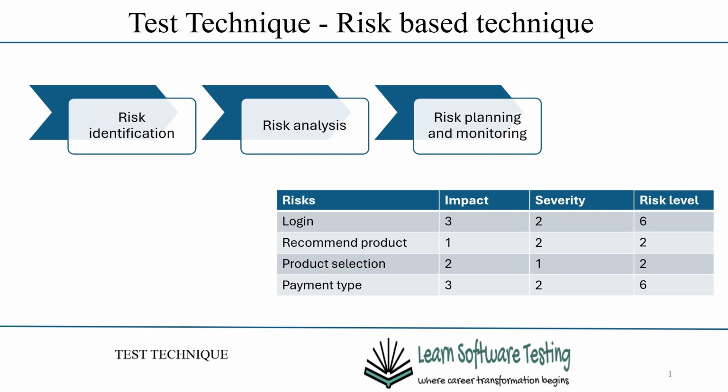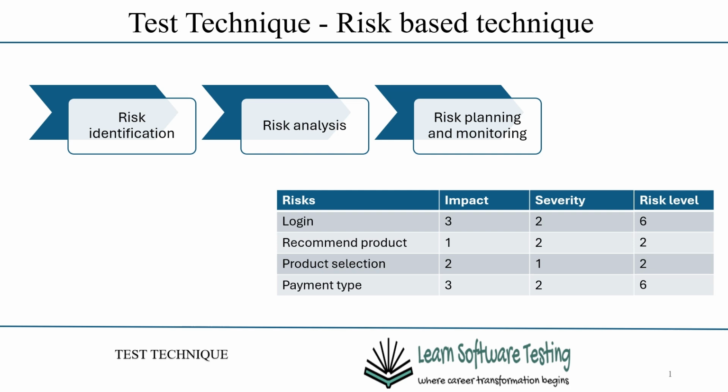So down at the bottom is just a table that gives us a brief illustration of what a typical low level risk is. After they've carried out those risk identification, analysis, and planning activities, the next step, from a tester's perspective, or in most cases the test manager, would be to have a list of the different areas of the product that we need to test, and the level of risks, the impact, and severity.